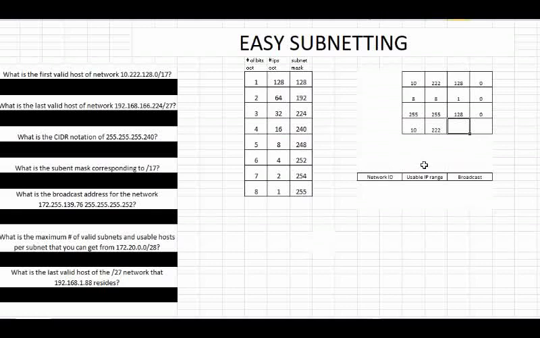All right, so then we have to figure out what the last 2 octets are for the first valid host. If we look at a /17, we got 8 bits, we got 1 bit. So in this third column, we've got 1 bit. If we look at our chart here, the number of IPs is going to be 128.